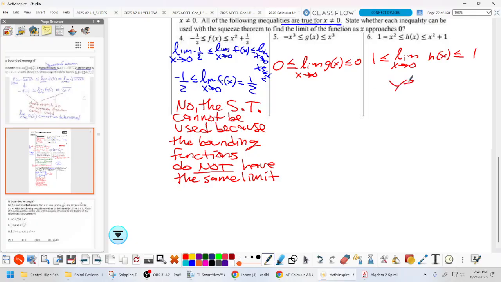So yes on that one, yes on that one. Your justification would say basically the opposite of this. So yes, the squeeze theorem can be used because the bounding functions have the same limit. Any issues with that? Okay, it's a lot of practice writing it out, mostly.